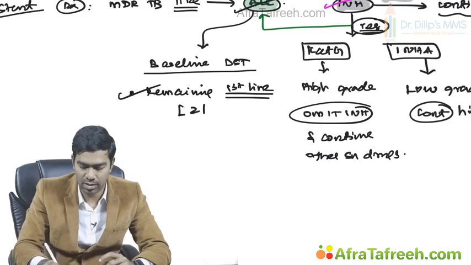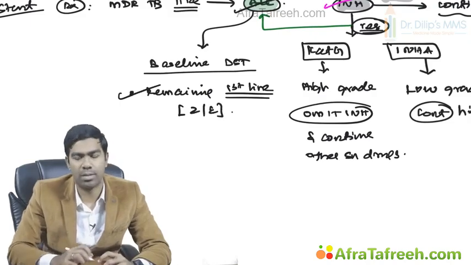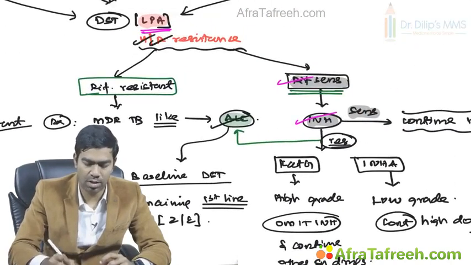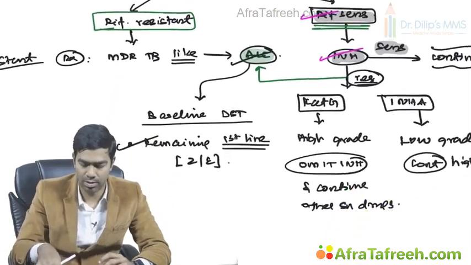Only two are there, that is pyrazinamide and ethambutol, because isoniazid and rifampicin have already been tested through line probe assay. Maybe streptomycin too, because streptomycin comes under the aminoglycoside injectable drugs. So anyway, that will match there, so don't worry about that. So the remaining first line drugs are typically pyrazinamide and ethambutol.